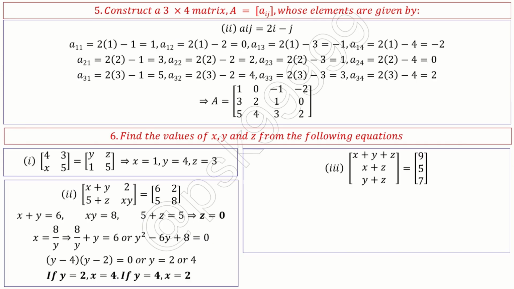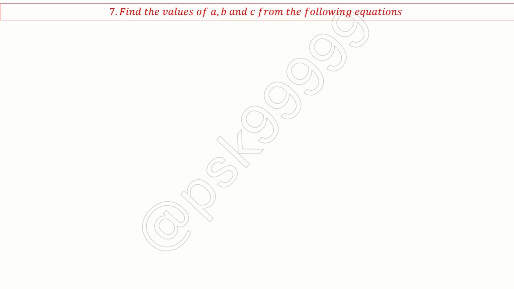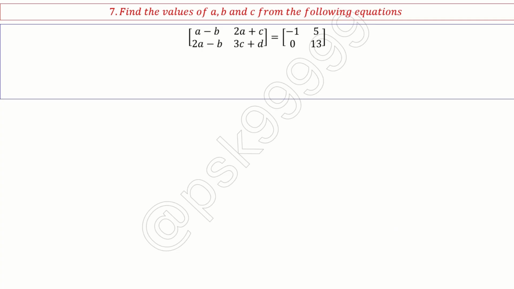Similarly, you have three variables and three equations, so you can solve it yourself. Find the values of a, b, c from the following equations. Same, you have multiple equations given. You take the equations where the same variables are used, something like a minus b equal to minus 1, 2a minus b equal to 0.